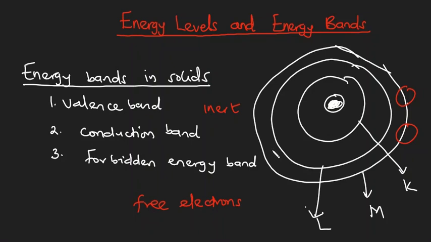I was also using the inert gases to classify or verify the conduction band. In the valence band, the electrons located on the outermost shell possess greater energy as compared to the ones located inside it.